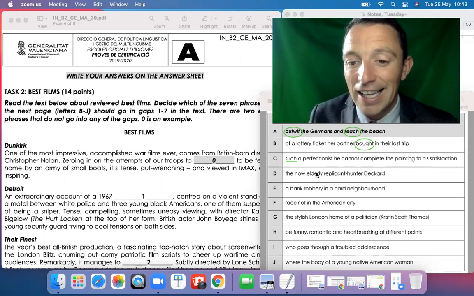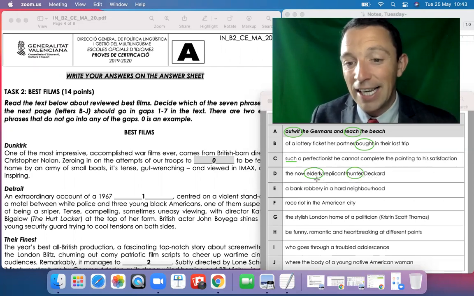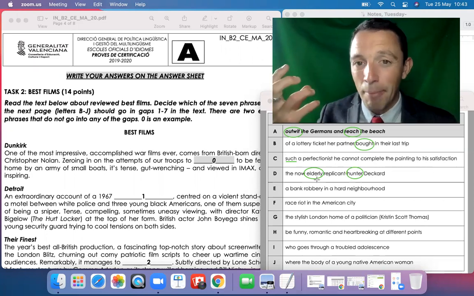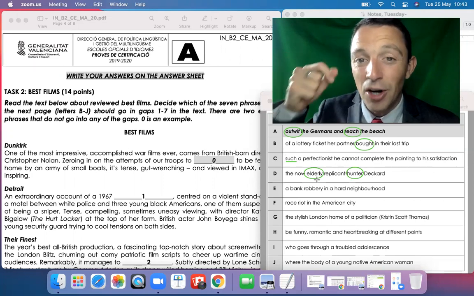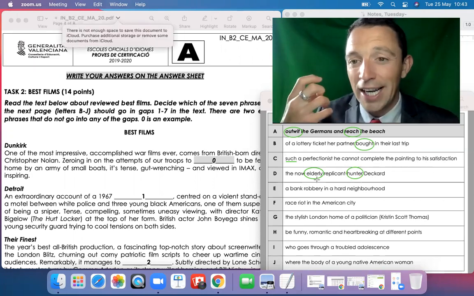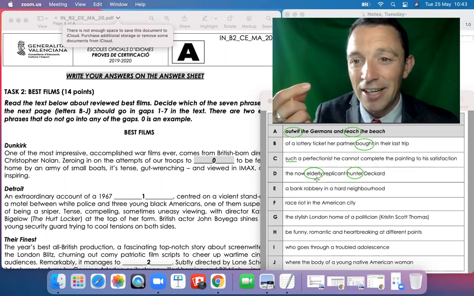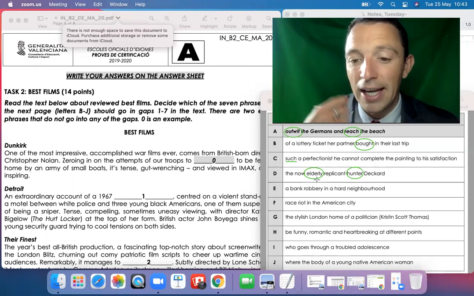Option D, the now elderly replicant hunter Deckard. So I think Deckard is the name of the man or the woman. Elderly is the adjective for a person, an elderly man, an elderly woman, to say old person, old man, old woman, but in English more formal is elderly person, elderly people, an elderly man.